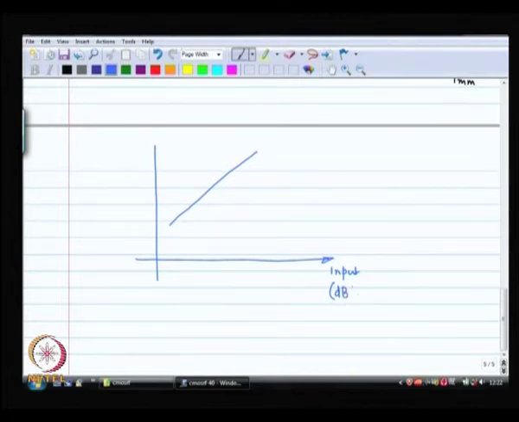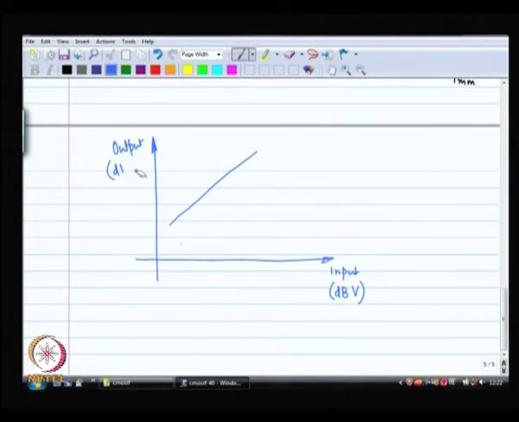So, I am going to plot the input on the x axis and the output on the y axis. Both are in decibels with respect to volts, or you want powers. Okay.